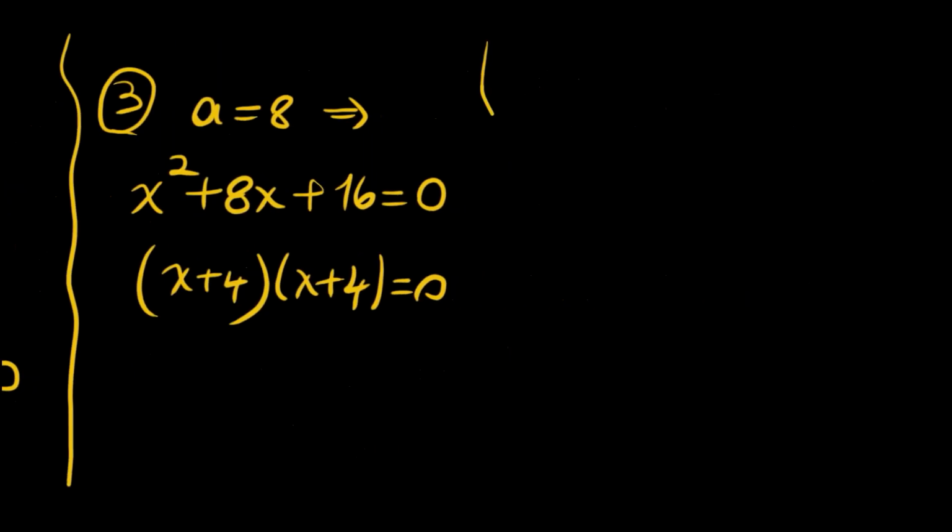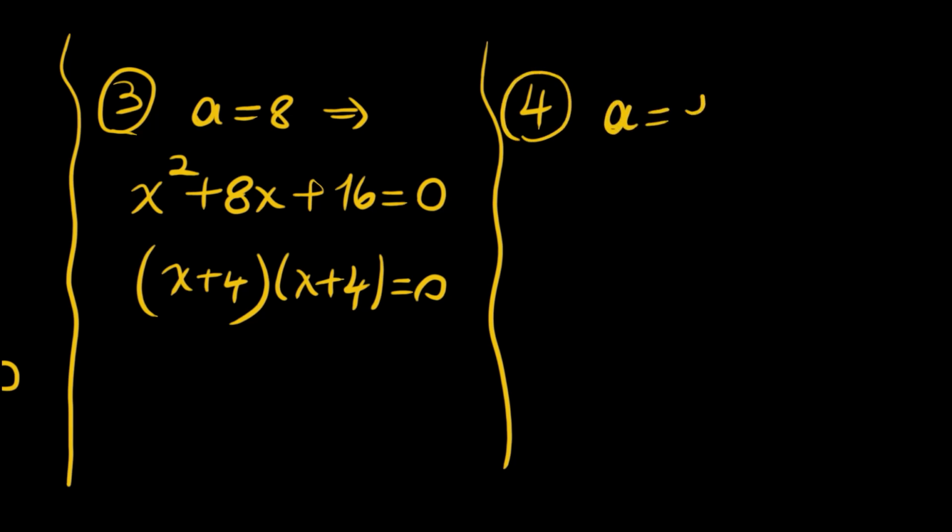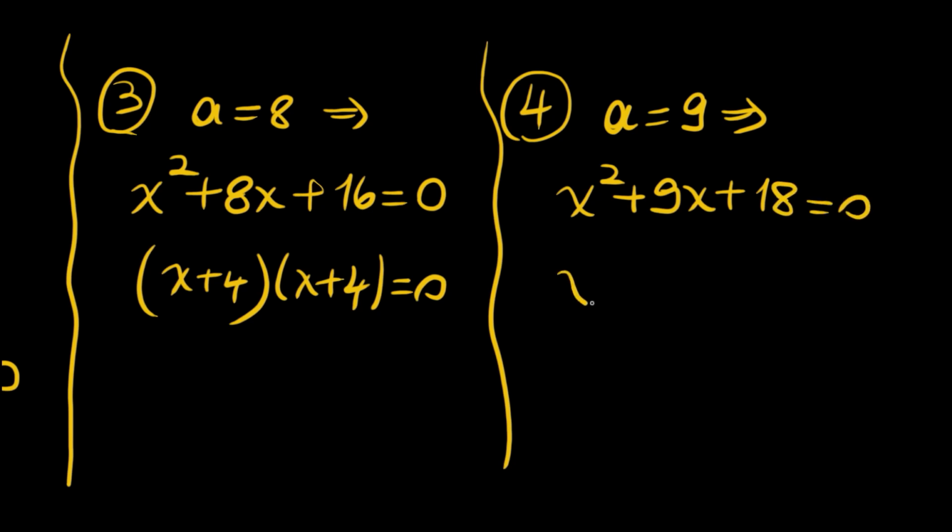And the last one we have found was 9 for a. Then x squared plus 9x plus 18 is equal to 0. Again, this is factorable. X plus 3 times x plus 6 is equal to 0. So we have integer solutions again.